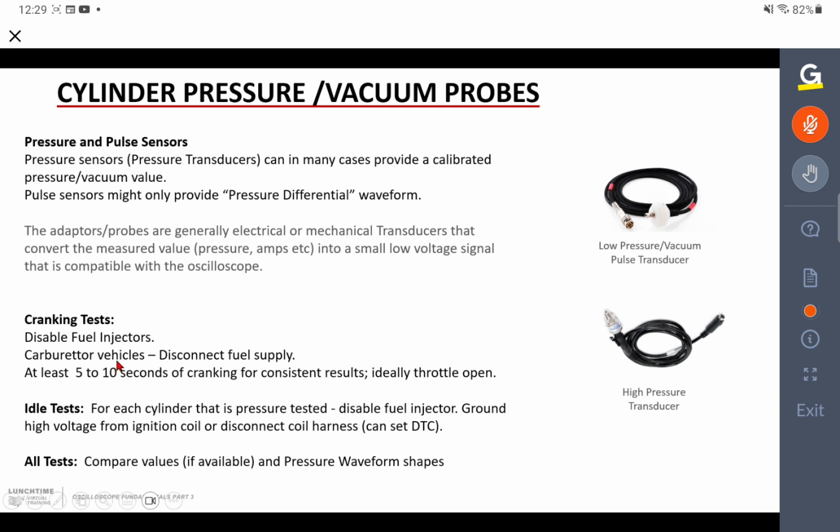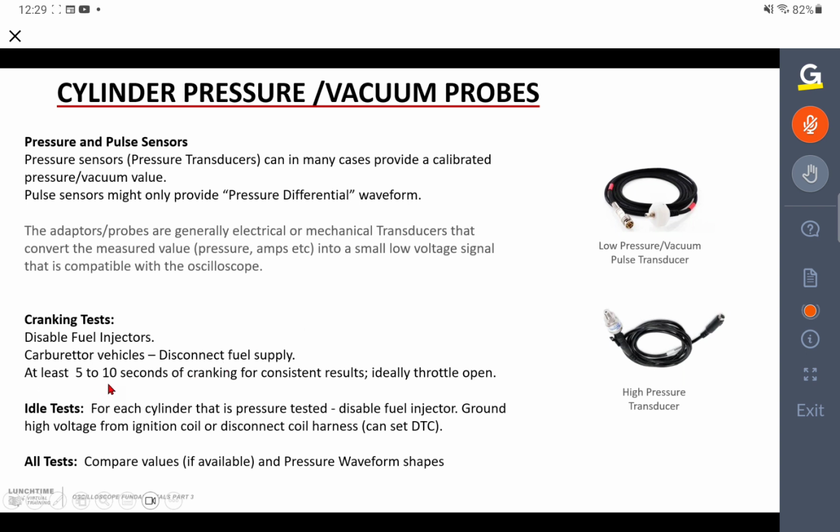Okay, when we're testing with pressure transducers, if we're doing cranking tests, so we don't want the engine to start, we need to disable the fuel injectors wherever possible, because the last thing we want to do is inject fuel into the engine. If we're just doing a cranking test, we don't want to build up an excess of fuel in the cylinders. If you've got a carburetor vehicle, you've obviously got to disconnect the fuel line and make sure the carburetor is empty before you start the cranking test.